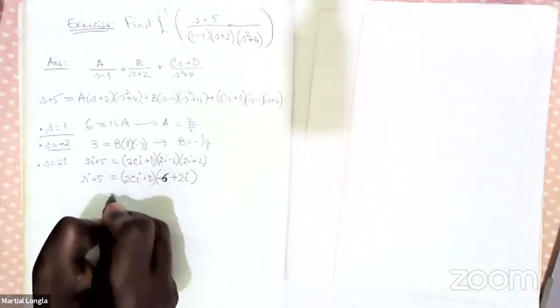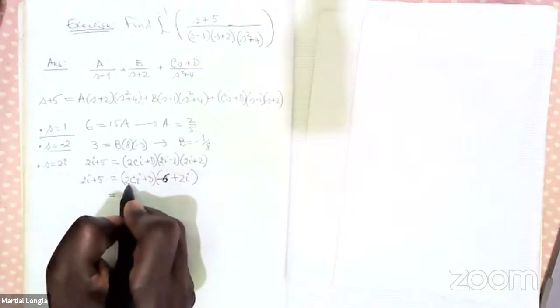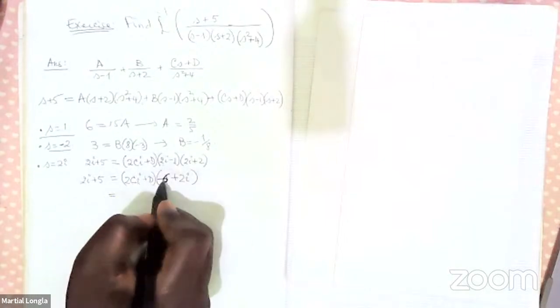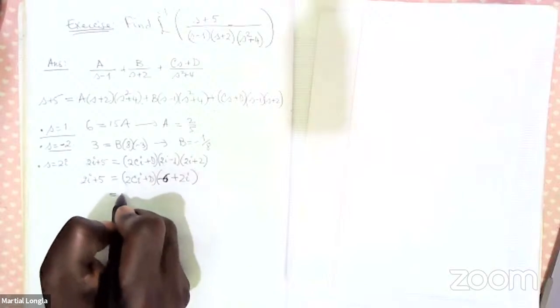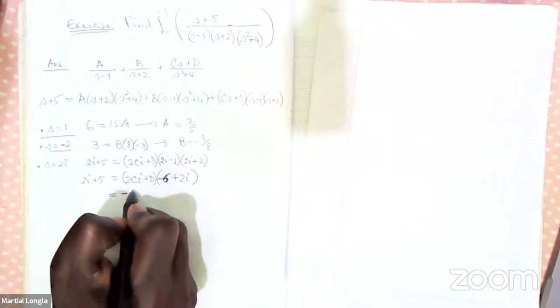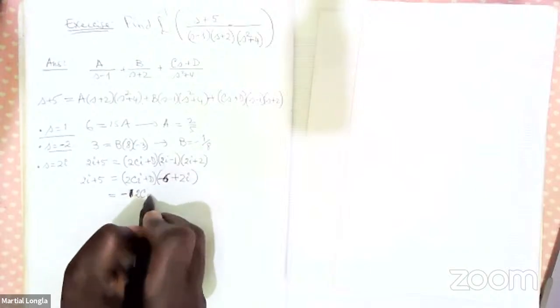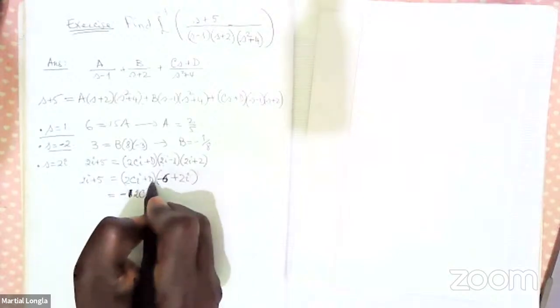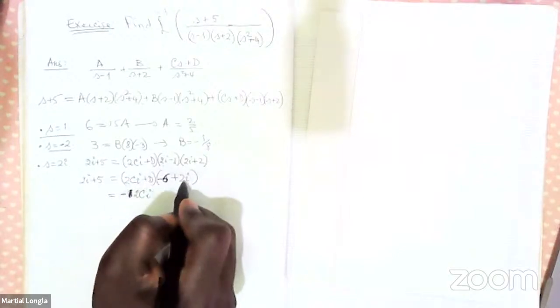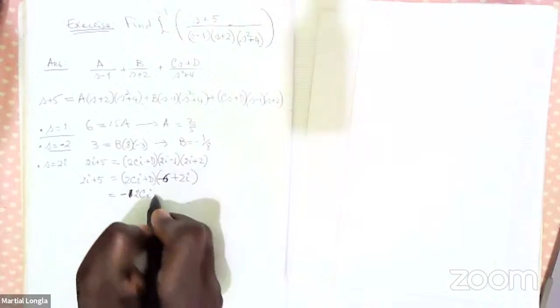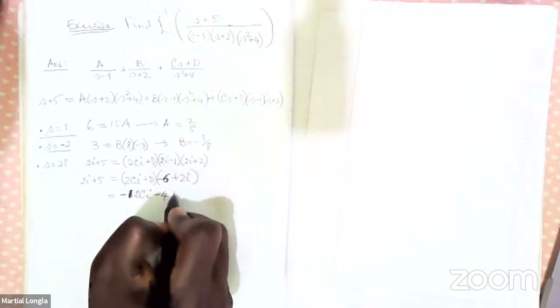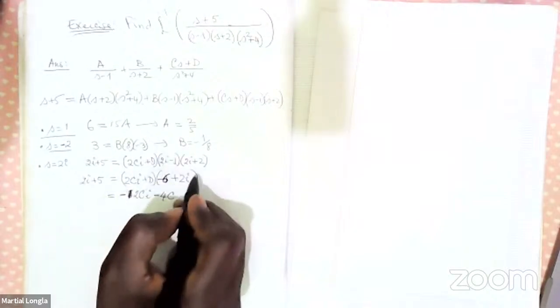Then you multiply again this by that. So this is 2ci times -6, so that's -12ci. Then i times i, that's minus 4c, 2 times 2c.